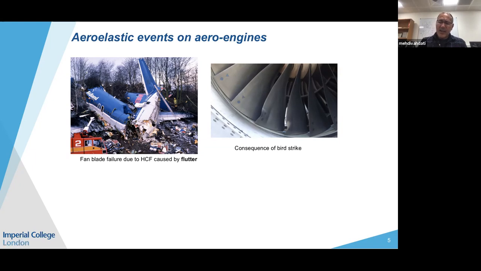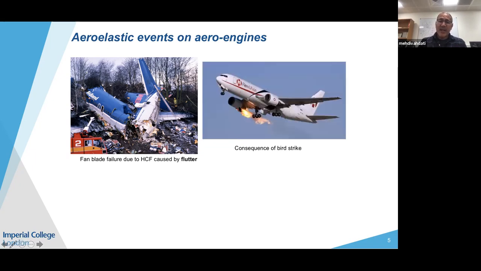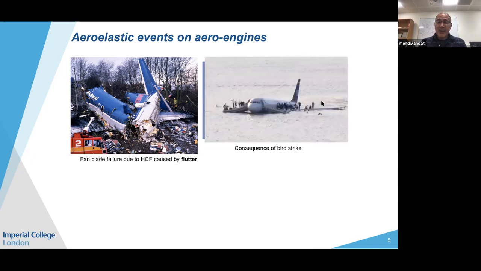However, the motion that results in a scenario like this, and then a scenario like that, comes from the aeroelastic event, which I hope to cover in the next presentation. So bird strike failure due to small birds is usually due to aeroelastic failure.